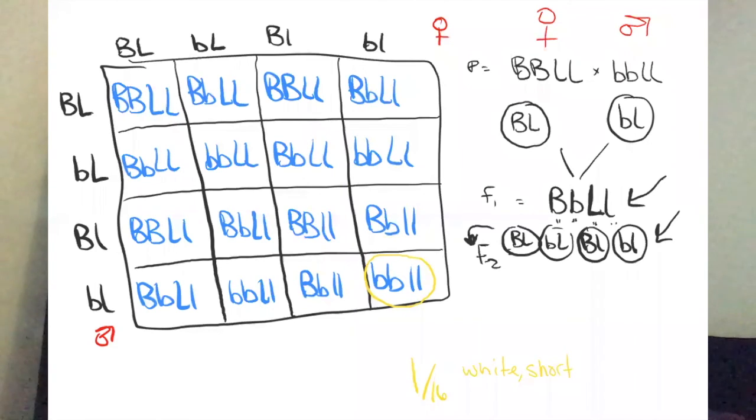How many other individuals are displaying the short trait? Only these 3 are displaying the short trait. So that's 3 out of 16, and all of them are black short.